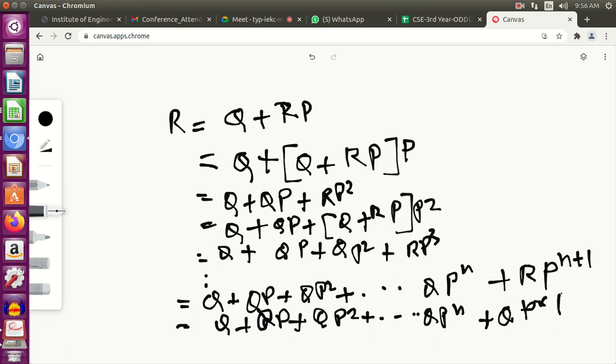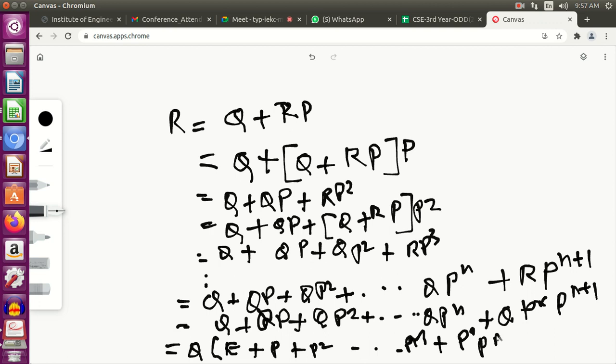Then p^(n+1). Now if you take q common, it will give you lambda plus p plus p square up to p^n plus p star p^(n+1).